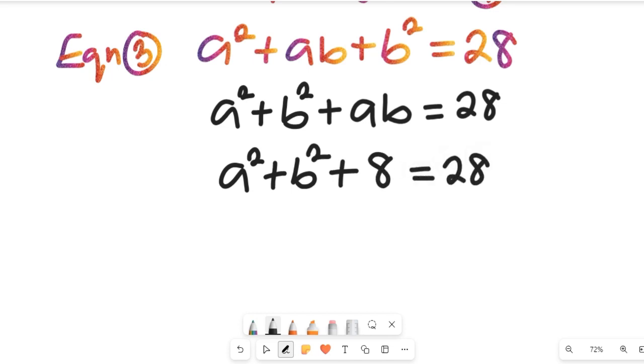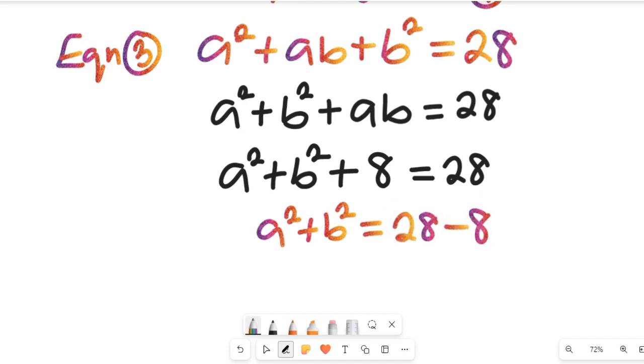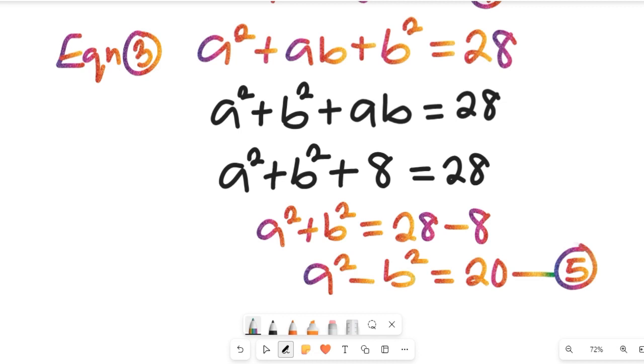So we can have our a squared plus b squared to be equal to 28 minus 8. And so our a squared plus b squared will be equal to 20. And then we'll take this to be equation 5. So many equations. So having gotten that equation 5, our main aim is to find the value of y.